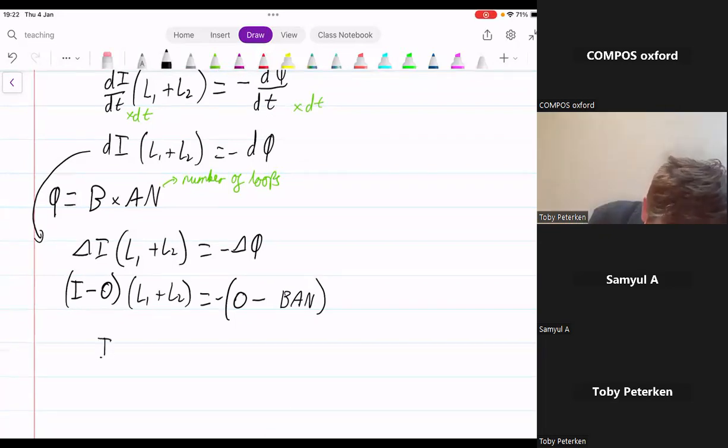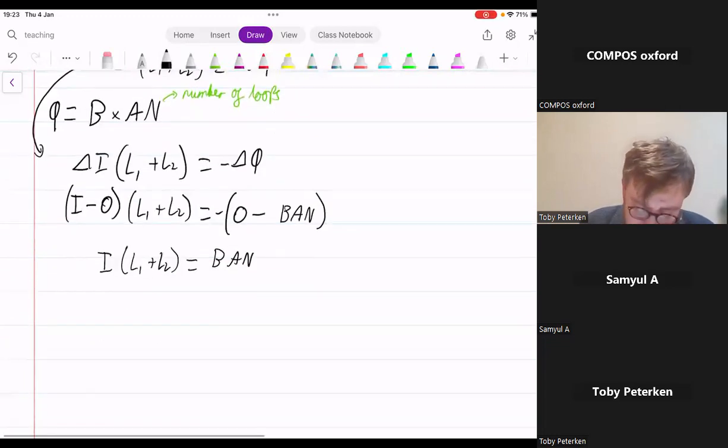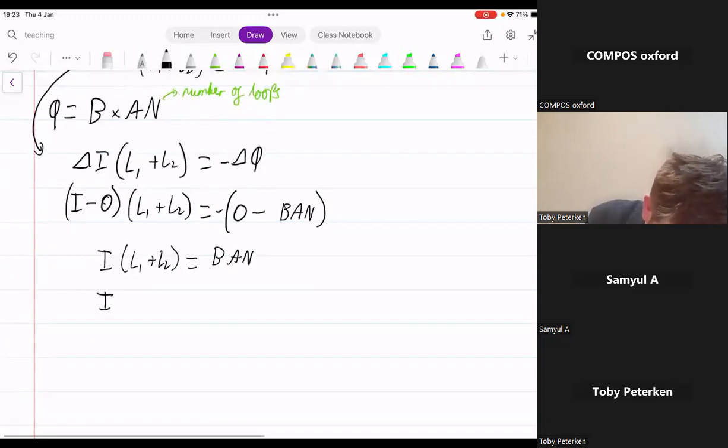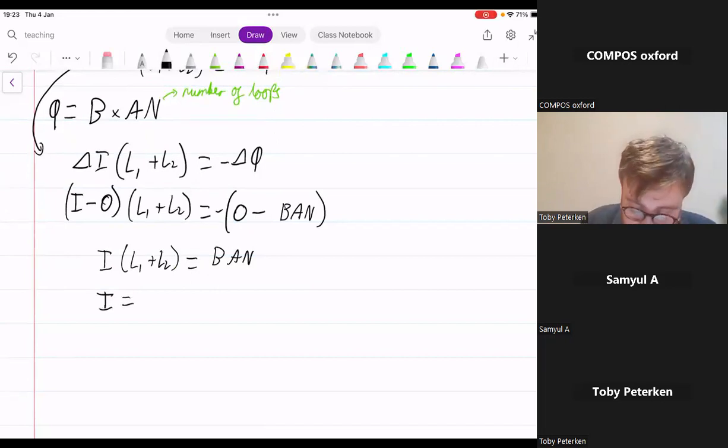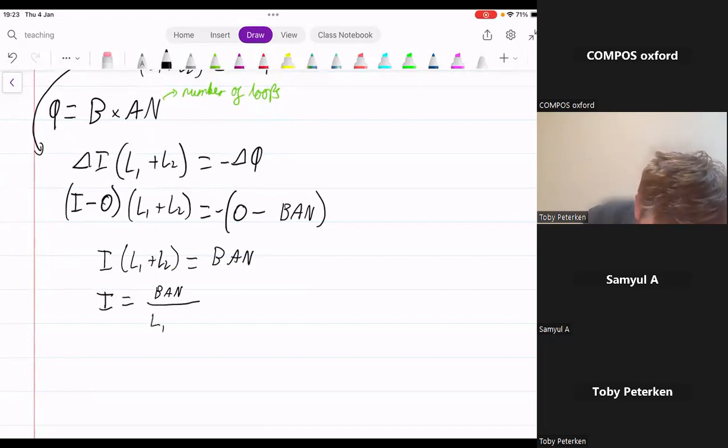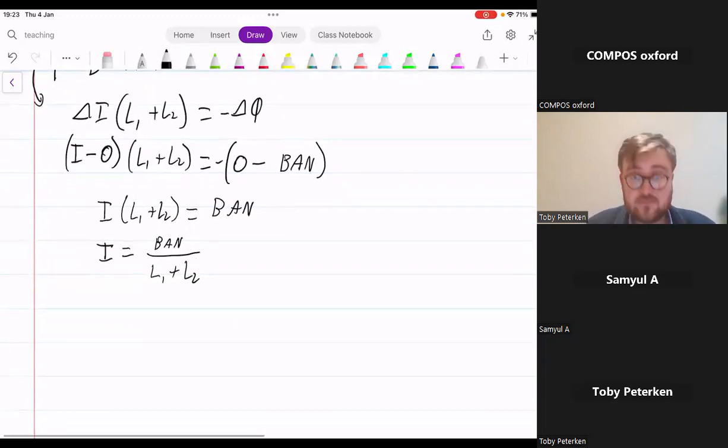We have I times L1 plus L2 equals BAN. I therefore equals B A N, which is the initial flux, divided by L1 plus L2.